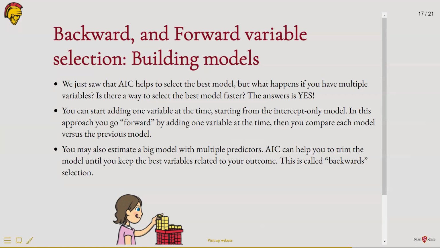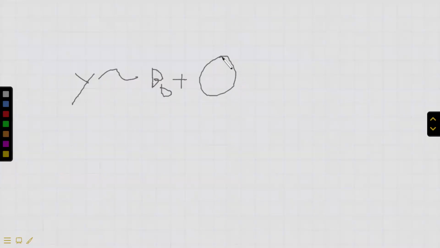You can start creating your models with a very simple model, right? With only the intercept. And this is beta sub 0. There are no predictors here, only the intercept. And then, little by little, you start adding predictors.